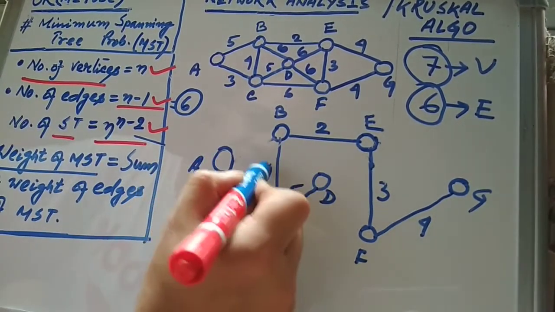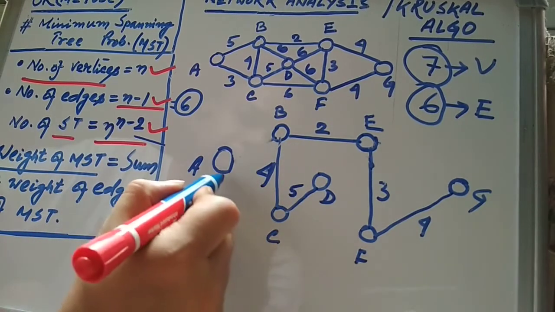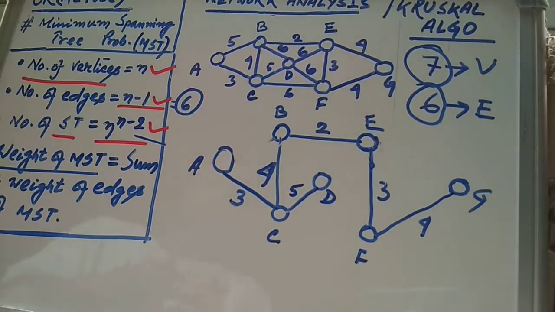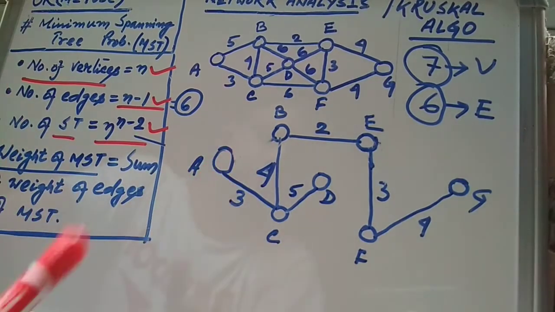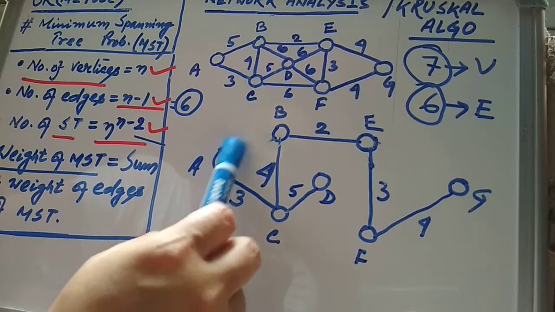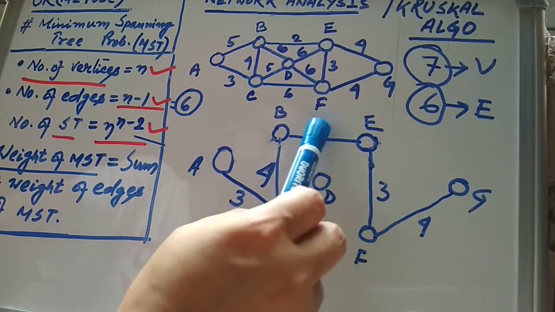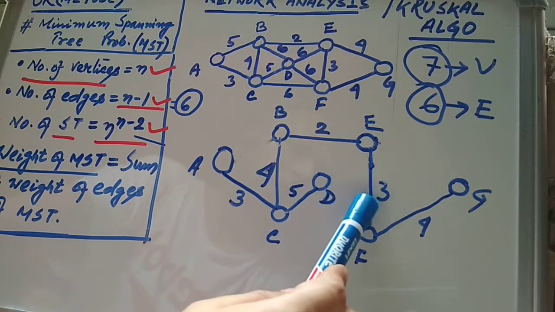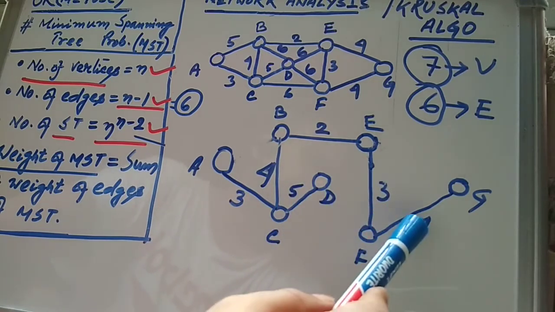So this one is 4 and this one is 3. Previously we had 5 over here, so that time the total calculation was 5 plus 2 is 7, plus 4 is 11, 11 plus 5 is 16, plus 3 gives 19, plus 4 gives 23.